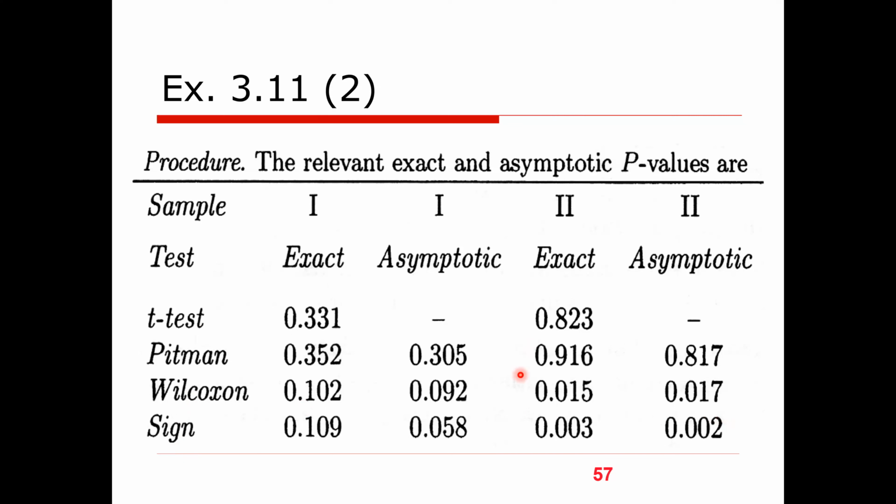And so for the Wilcoxon test, the asymptotic result and the exact values are practically the same, right? I mean, they are not the same, but with regard to making decisions on whether we reject the null, they fall into the same region, critical or non-critical, right?